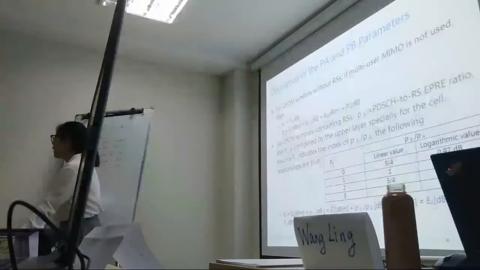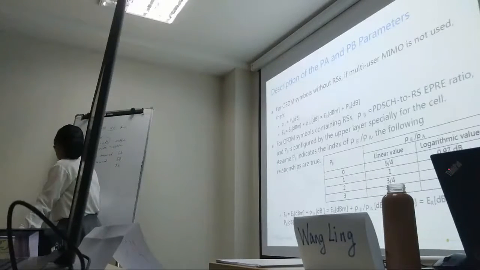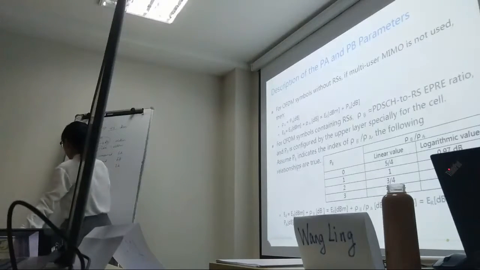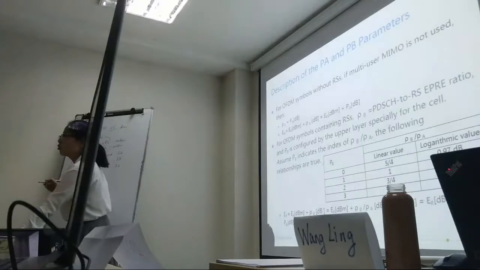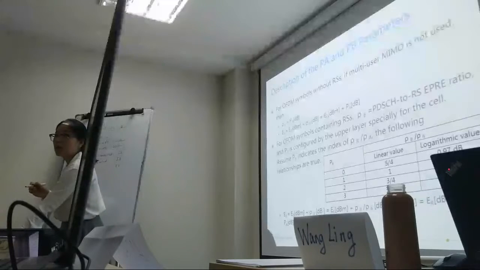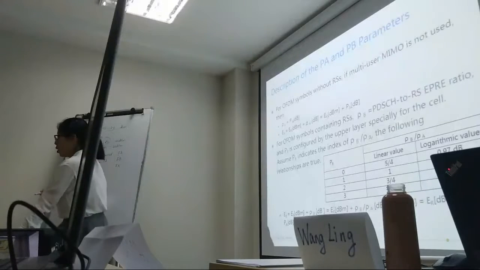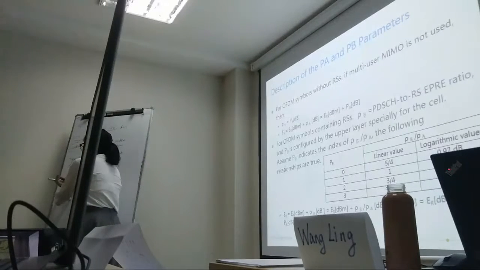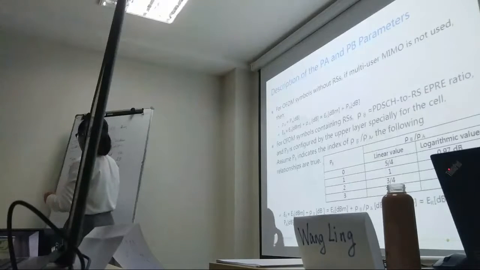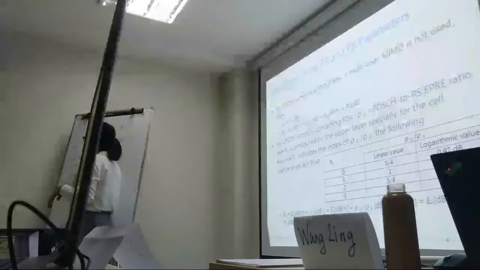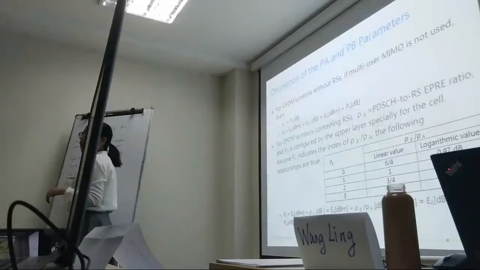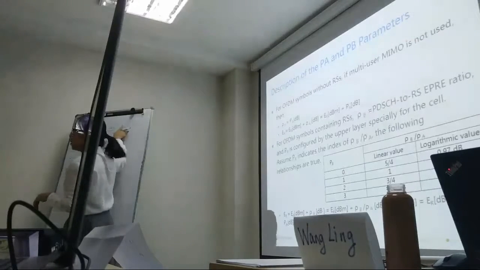So if the PA equals 0, that means these two powers are the same. Why do we change PA to the log value? Because when we configure the RS power, we use dBm.